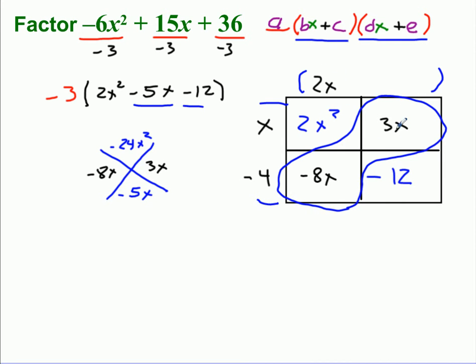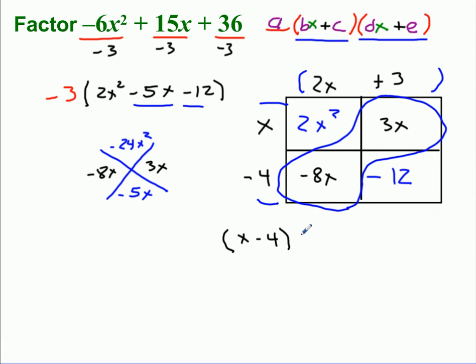And the greatest common factor here would be a positive 3. Now I can see if I FOIL this out, x times 2x is 2x squared, x times 3 is 3x, 2x times negative 4 is negative 8x, and negative 4 times 3 is negative 12.